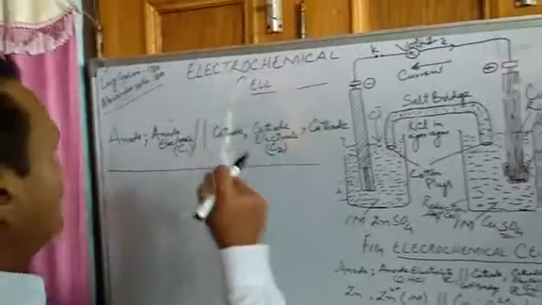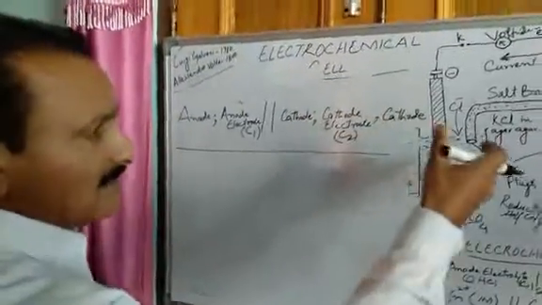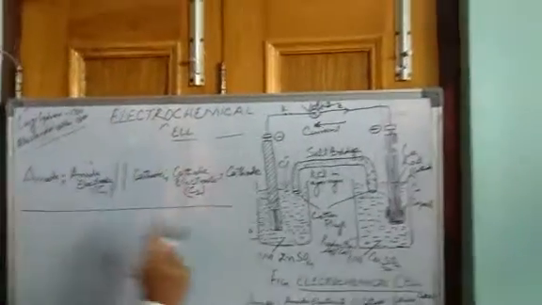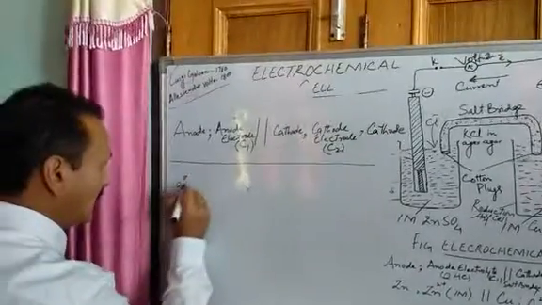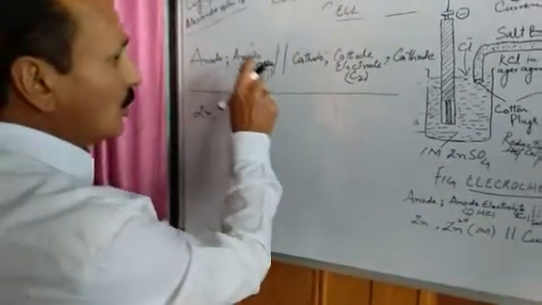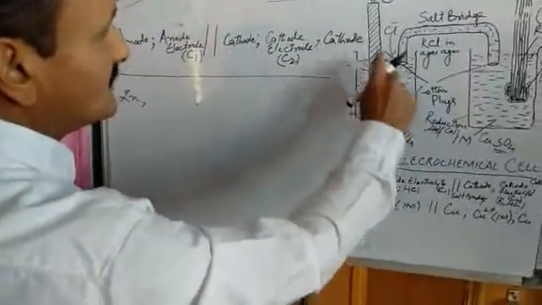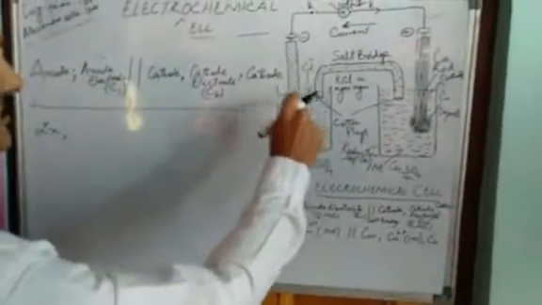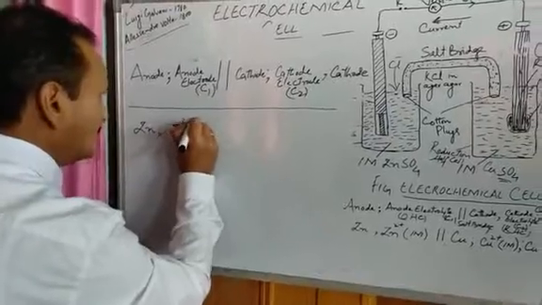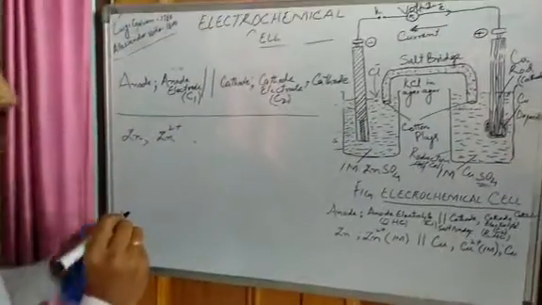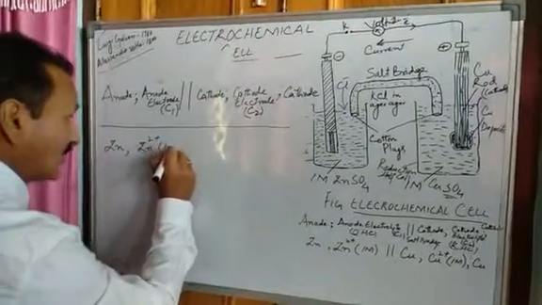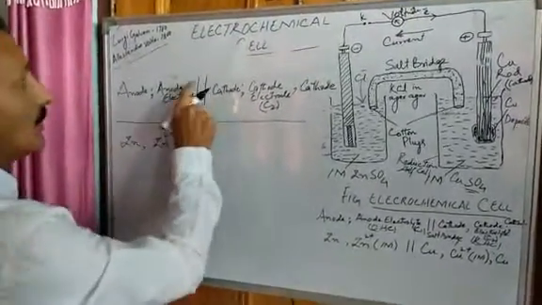finally the cathode. Now, as far as this example is concerned, here the anode is zinc. So I will write Zn like this, Zn, colon, the anode electrode in the oxidation half cell, the concentration of these ions had increased when zinc lost electrons, and its concentration was 1M, followed by what?